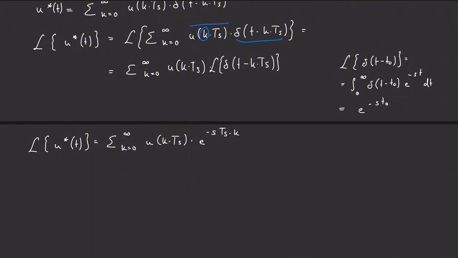Now all that we gotta do is define z as e to the power of s times our sample period and replace it in our function. And now we have our z-transformed signal.